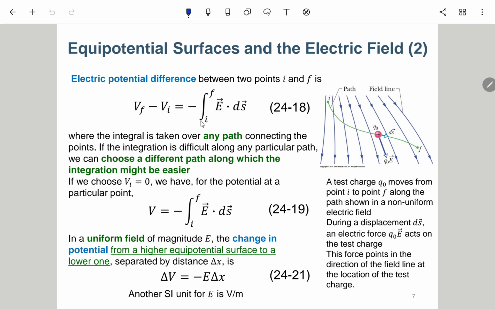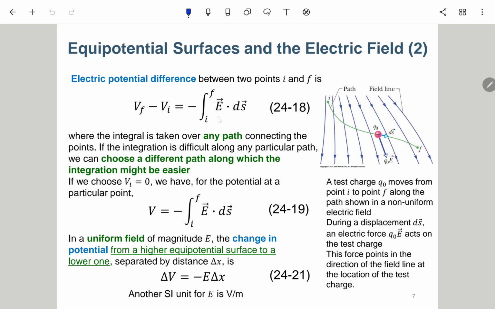You see an integral sign, and here it is E dot ds. It is not E dot dA anymore. In chapter 23, we had E dot dA, which was a flux, maybe a total flux or a net flux, depending on whether the surface is closed. Here it is not.